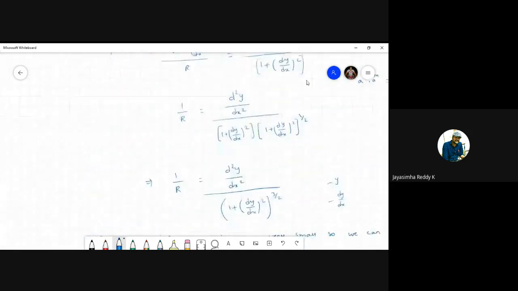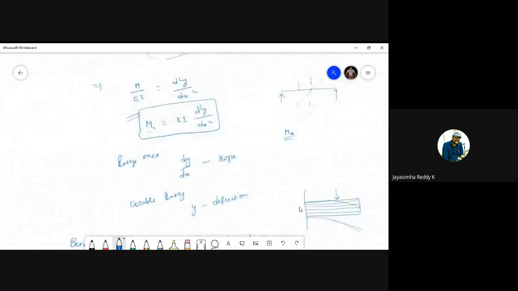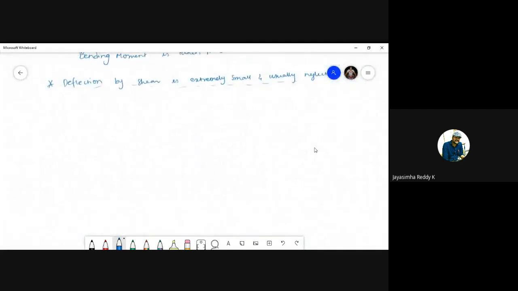Okay. Now there are various methods for calculating deflection and slope. They are the double integration method, that I have just now told you, or we can also call it successive integration method.